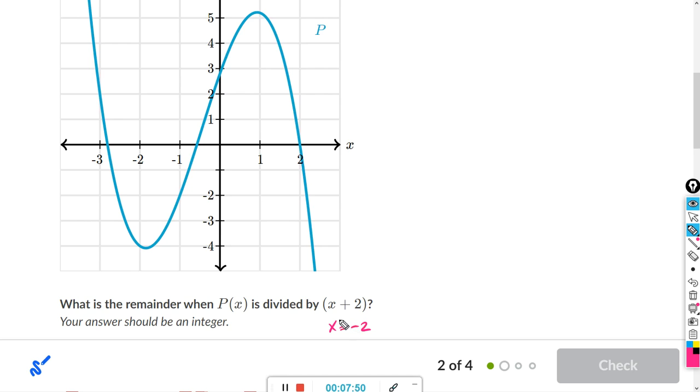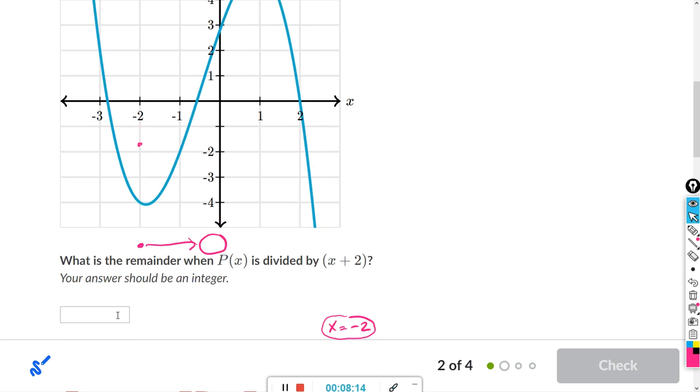We don't have an equation to plug in, but if we go to x equals negative 2 on the x-axis and go to the graph, that's right here. What's the y coordinate? When x equals negative 2, y is negative 4. So you would get negative 4 when you plug in negative 2.